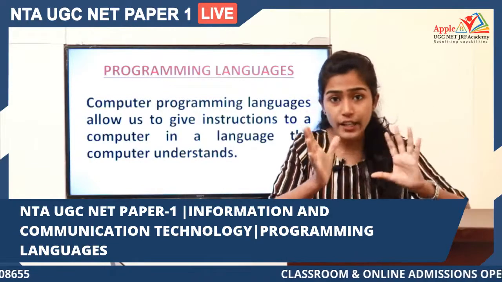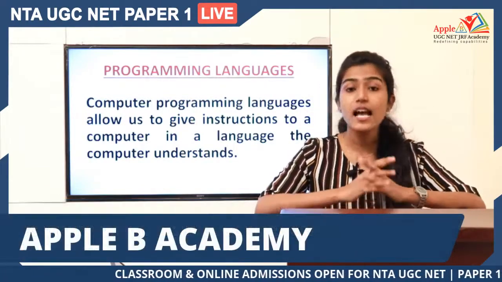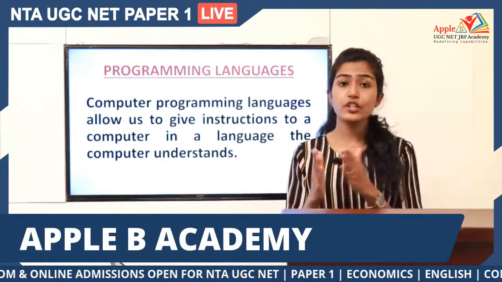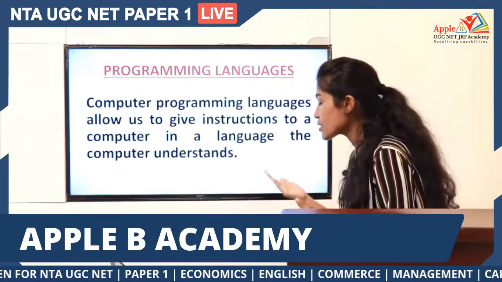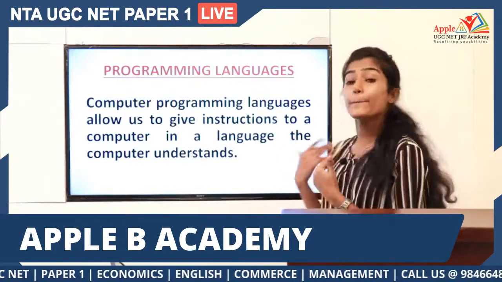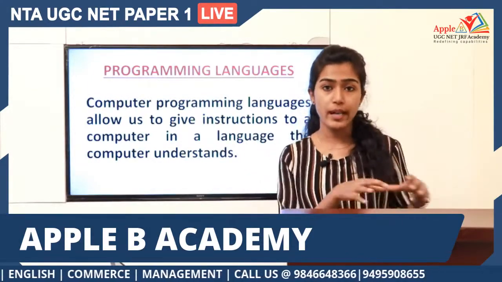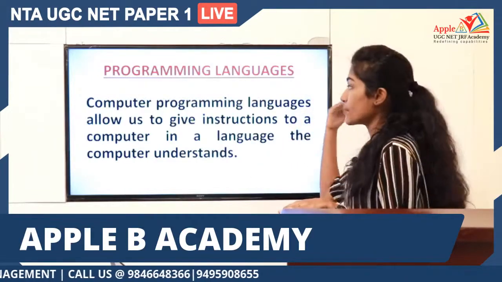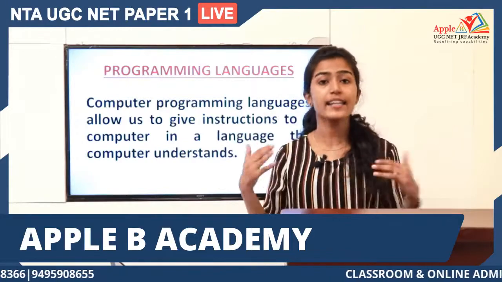That kind of language can be termed computer programming languages. Programming languages allow us to give instructions to a computer in a language the computer understands. We already said that a program is a list of instructions, and we have to give these instructions to the computer, but the computer has to understand the instructions, right?